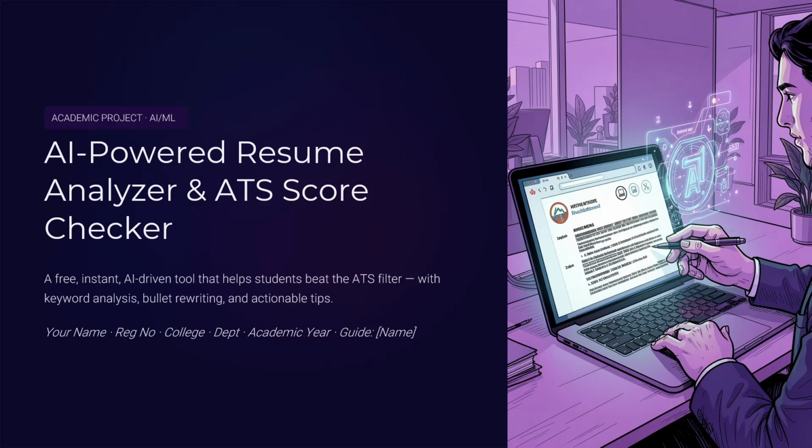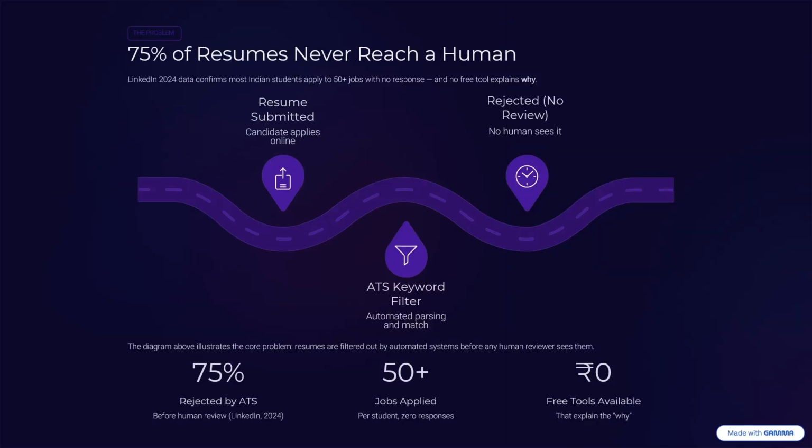Let's jump into it. Before I explain the architecture, let me explain why I built this. 75% of resumes are rejected by the automated ATS system before even a human sees them. This is the LinkedIn 2024 stat. Indian engineering students are applying to 50 plus jobs and getting zero responses.